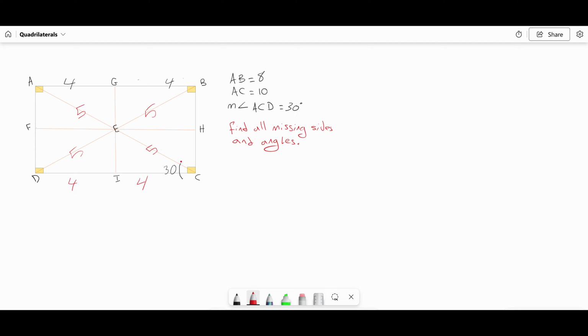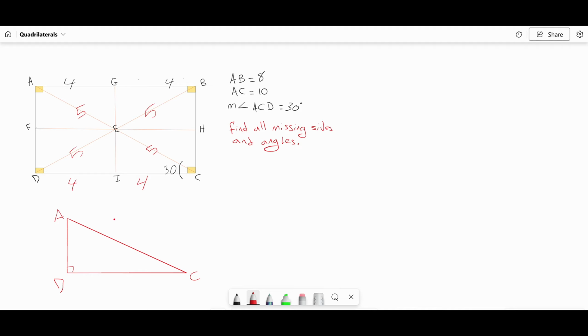We have AC and we have also DC. So let's take this triangle here, ADC, a right triangle. This is A, this is D, and this is C. And this is a 90-degree angle, right?